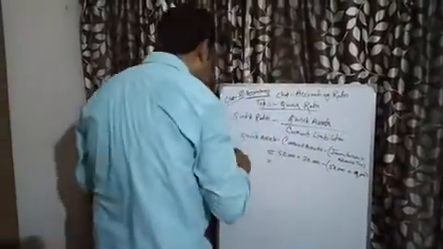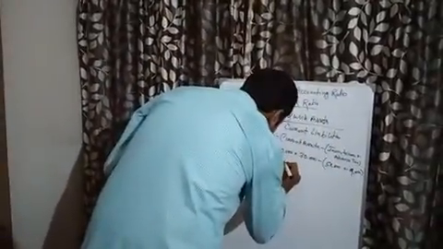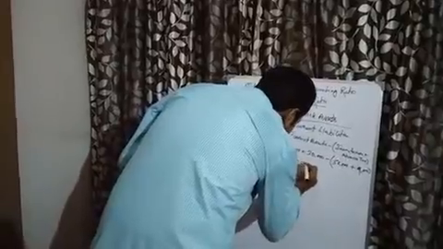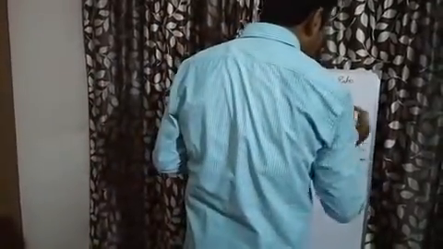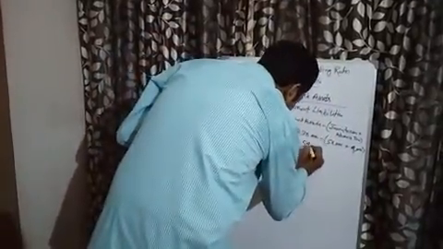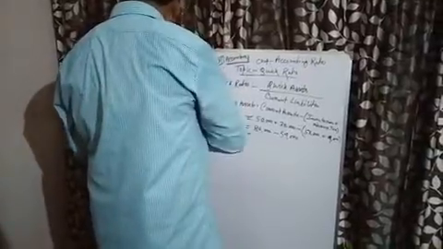Now 80,000 minus 50,000 plus 4,000, which means 54,000. Now what will come? Sorry, there is another asset.